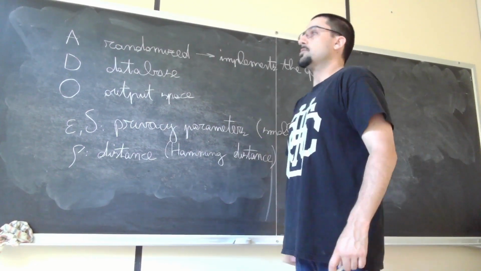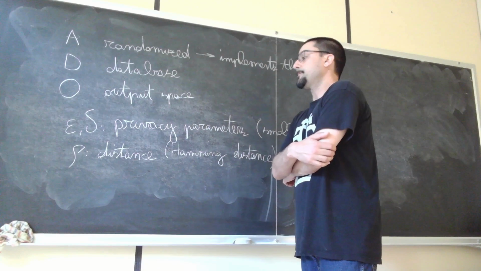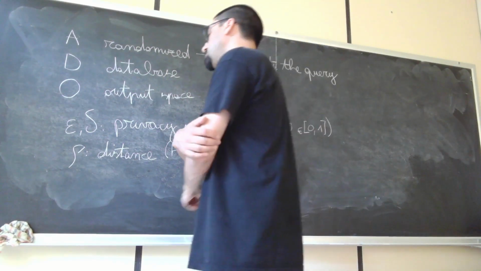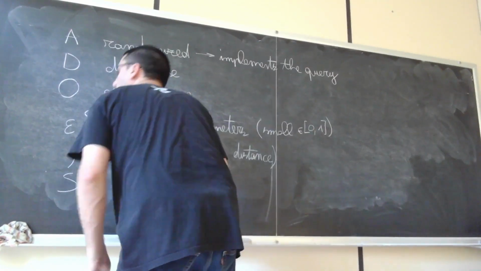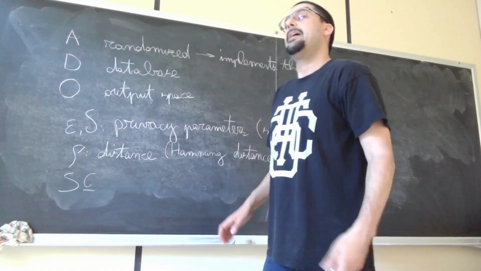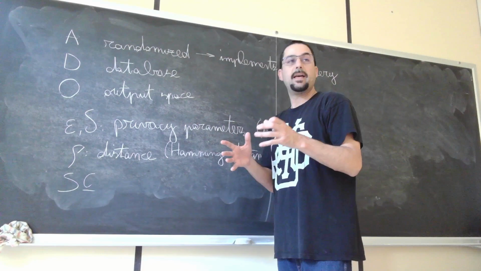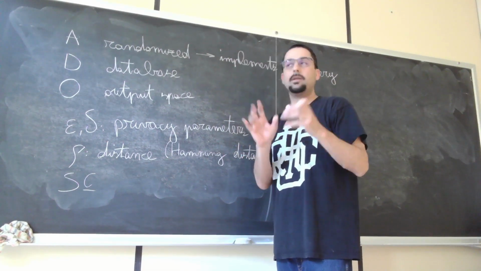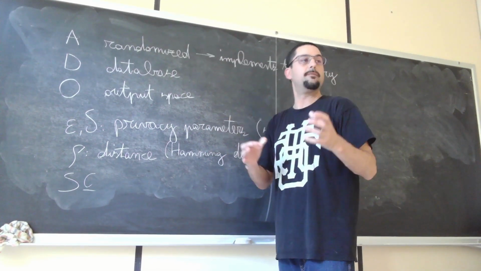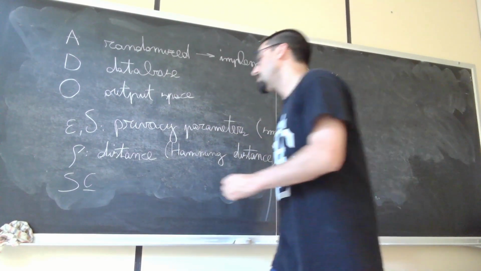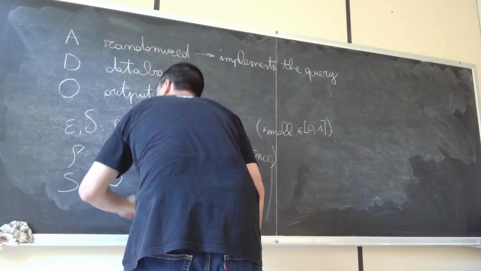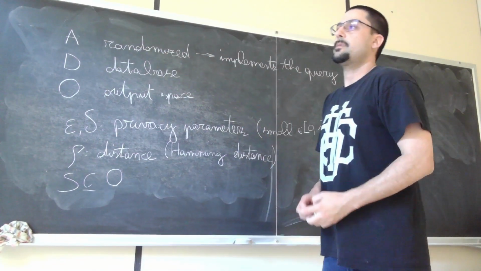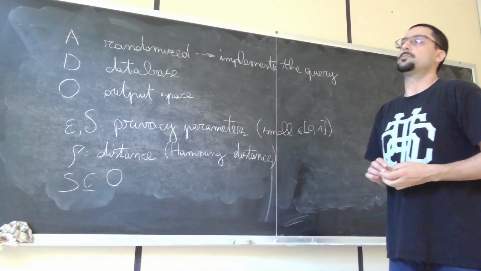So the Hamming distance will be our metric. And finally, we consider a subset of the output space, containing values that the adversary can try to exploit to identify a particular record. This is a subset of O.